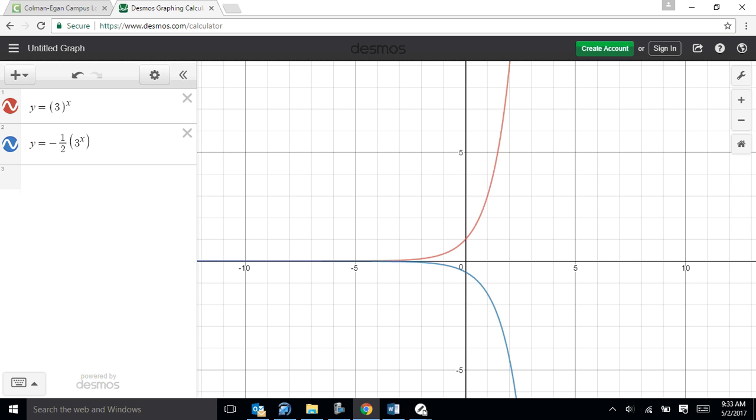So our red line is our parent function. We have 3 to the x, so we have a growth exponential function. And then our negative 1/2, let's look at some points. So our y-intercept here at 0, we have 1. So what do we think the blue line?